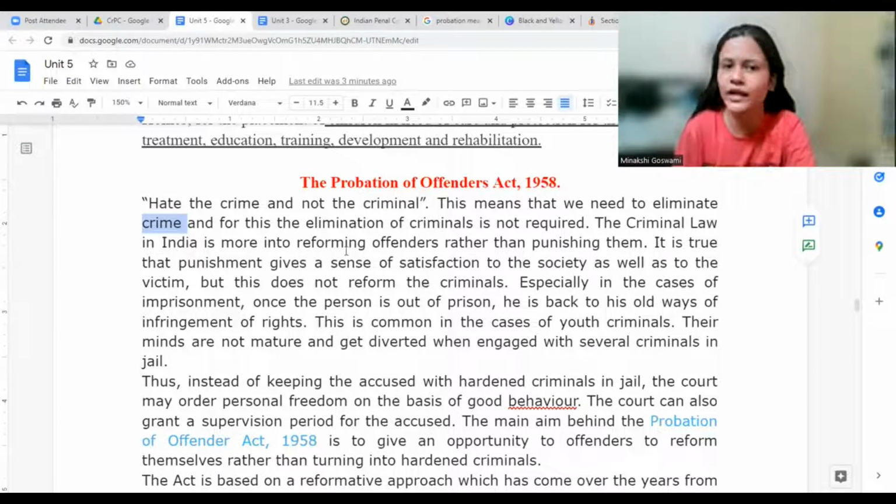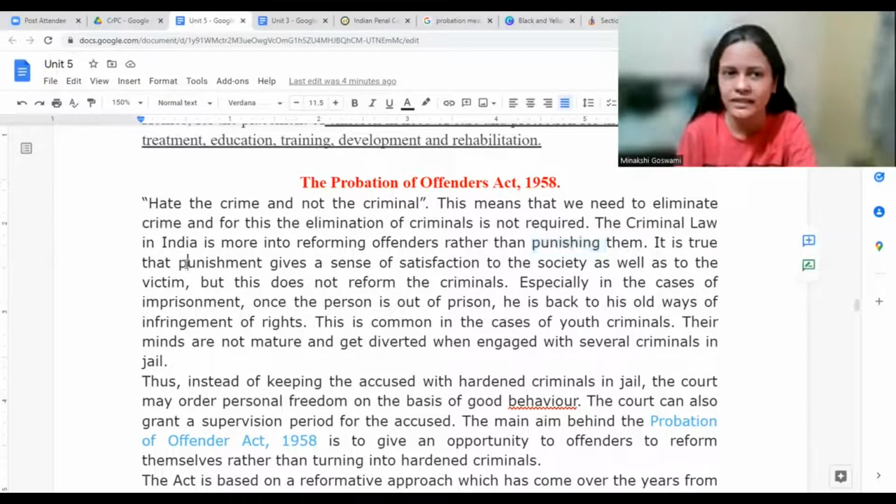So criminal law in India mostly focuses on reforming offenders rather than punishing them. If there is already a possibility that we can reform him without even punishing, why not take that option rather than overcrowding the prisons, right?